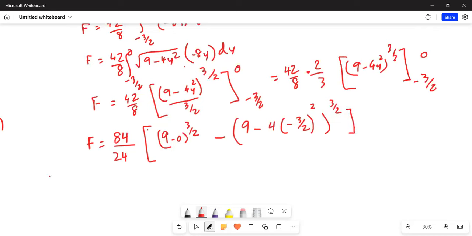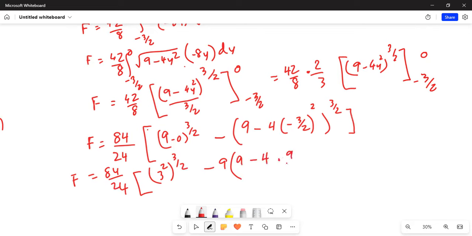So F is equal to 84 over 24. 9, 3 by 2 is 3 square multiplied by 3 by 2, minus 9 minus 4 times 3 square is 9 by 4, 2 square is 4, the whole thing raised to the power of 3 by 2.